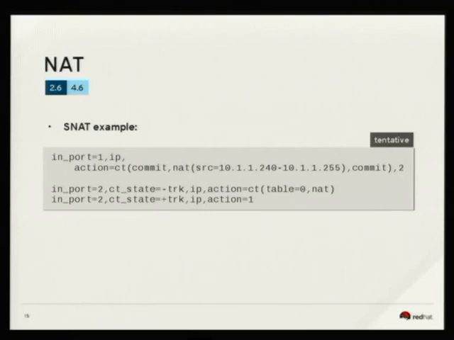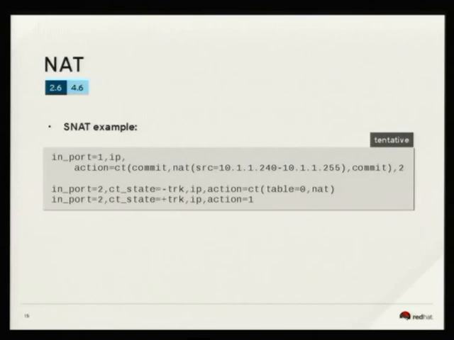So we commit and we execute this sub-action, specifying that we want the source address to be replaced by an address from this range. Yeah, so there probably will be different rules for how to select the particular address from the range, or it can be random, whatever you need. Yep.